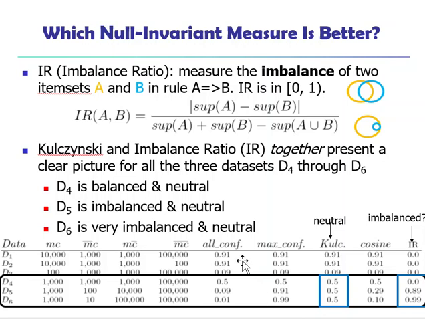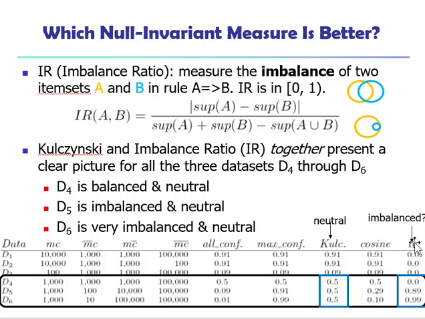With that understanding in mind, when we look at the scores, we can see that all confidence and max confidence give us very different scores on D5 and D6. The Kulc score gave us the neutral score, 0.5.